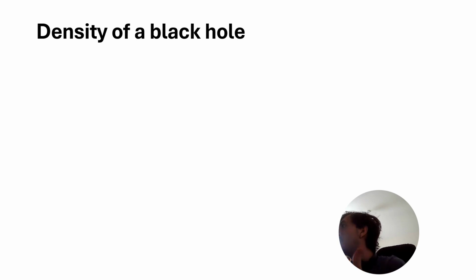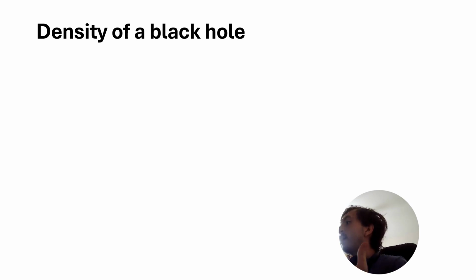So black holes, you might think, would increase in density as their mass increases. However, it turns out that this is not necessarily the case, and as a glimpse of why, if we think back to the equation for the size of the event horizon of a black hole, we can see it increases as the mass increases.